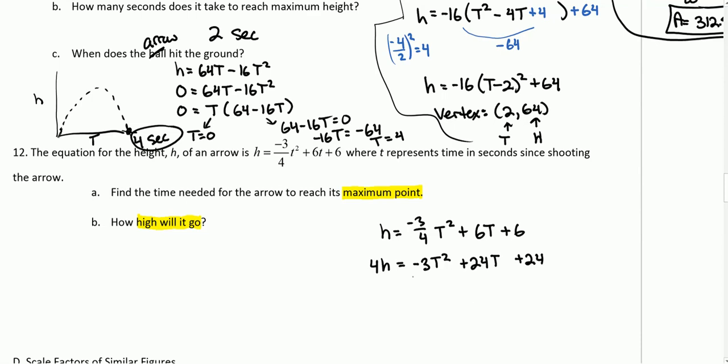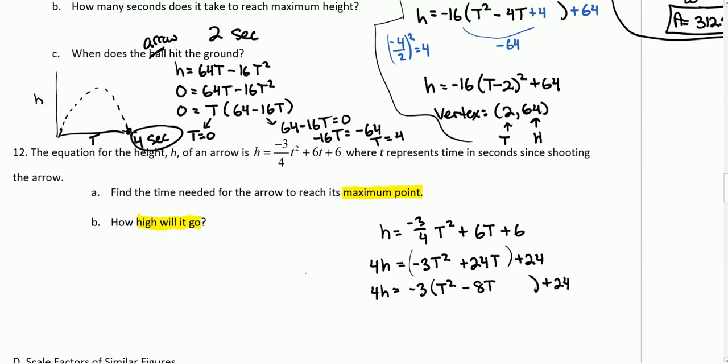And then I'm going to factor out the negative 3 from the first two terms. And get 4h is negative 3 times (t squared minus 8t). Leave a little room to complete the square, keep the positive 24 at the end.